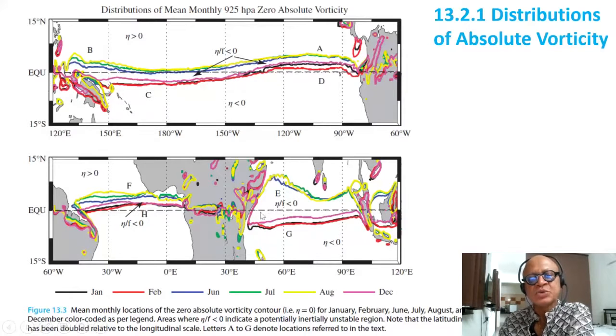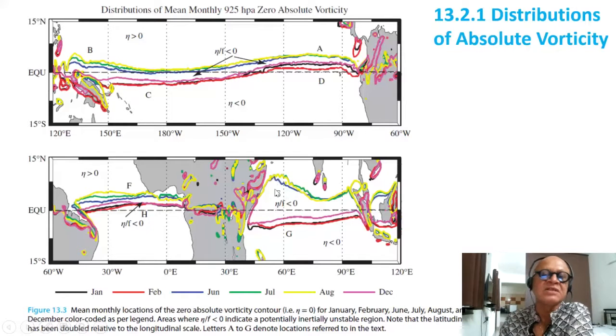And over the Indian Ocean, you get quite a complicated region and complicated story. And even though you have eta or f less than 0, strong cross-equatorial gradient and so on, you don't necessarily get convection here because of other reasons that we will look at later on.